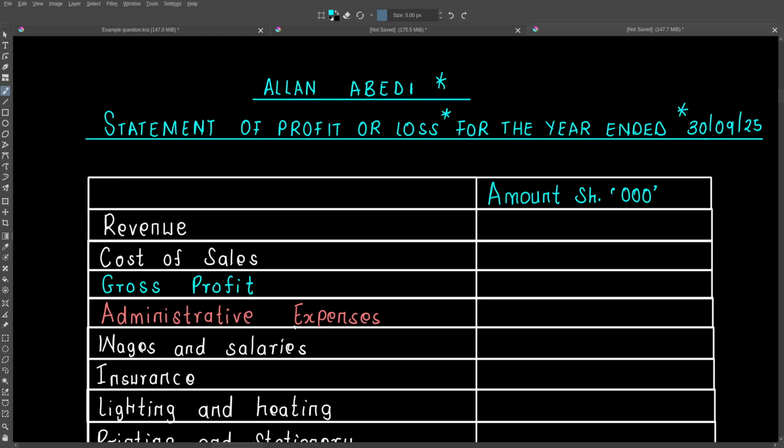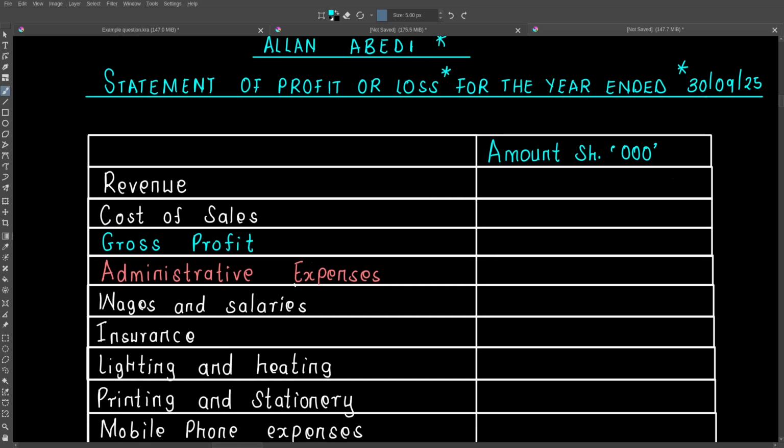Then we always start with the first section where we get the gross profit, where we first get our revenue, then we less our cost of sales, so that we'll be able to get our gross profit. And remember, our amount is in millions.